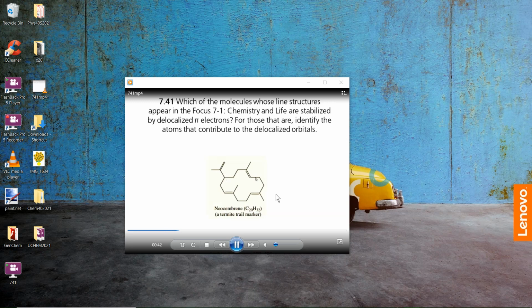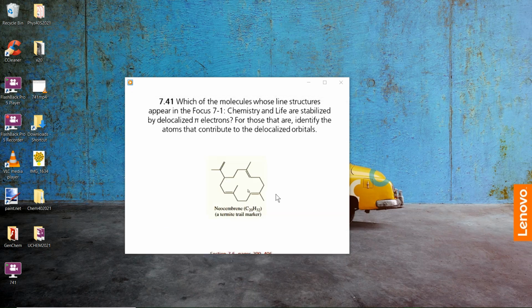The guy actually has his own little arrow, and he's talking it through. This molecule is not having significant delocalization. That one is called neocembrene, from termites; it's like wastes of termites, marking their territory.